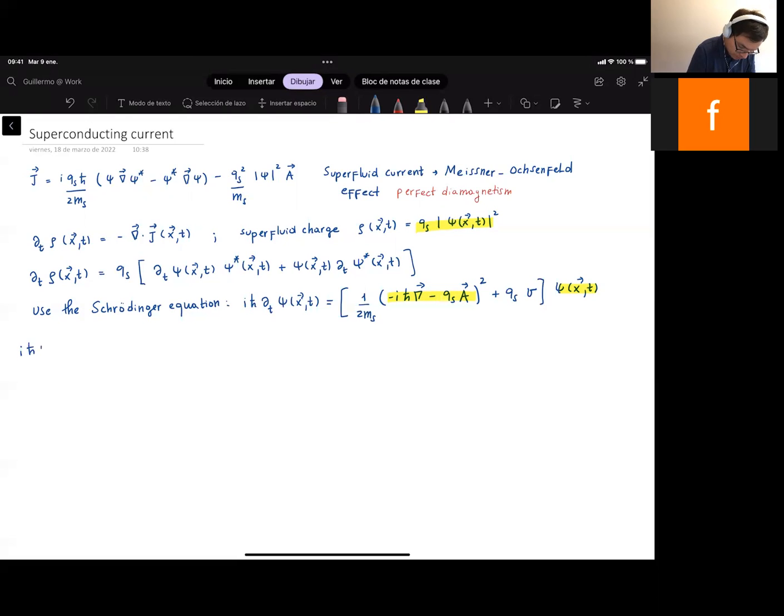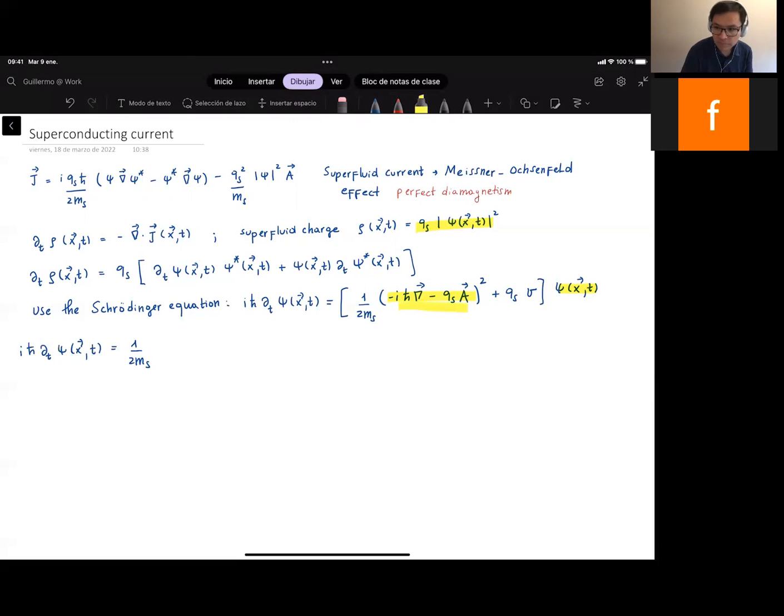So we have the partial derivative of psi of x comma t. So here this momentum, the minimal coupling to the square, should be written in this way. So we have 1 over twice MS.